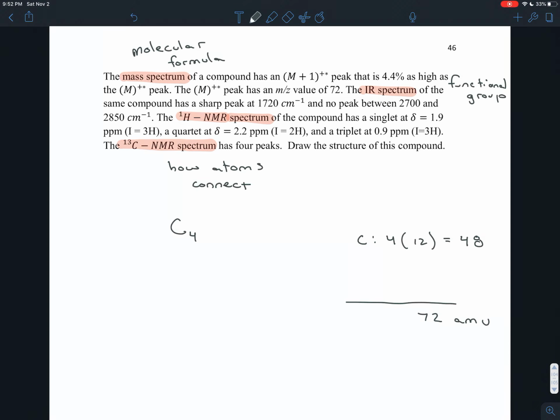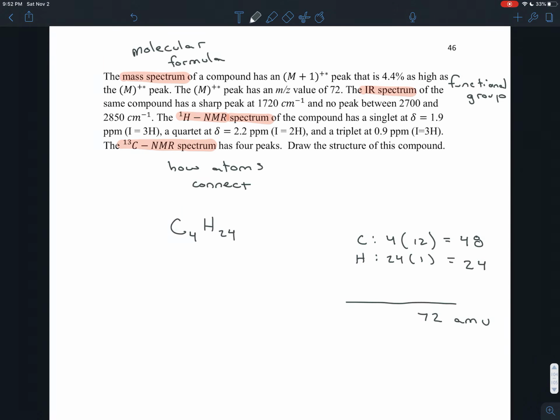So, the next thing we want to see is if we can fill in the rest of the mass with hydrogens. Now, in order to add the rest of the mass, we'd have to add 24 AMU to the 48 in order to get 72. Since each hydrogen atom weighs 1 AMU, that means we would need 24 hydrogen atoms.